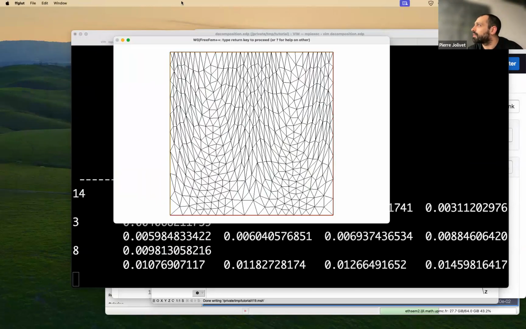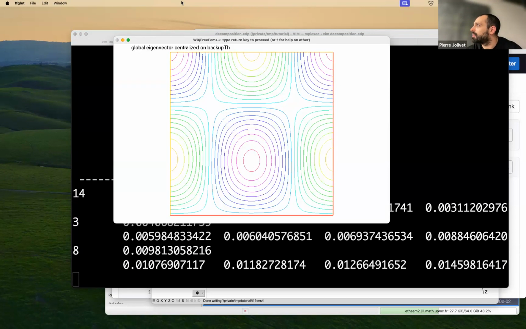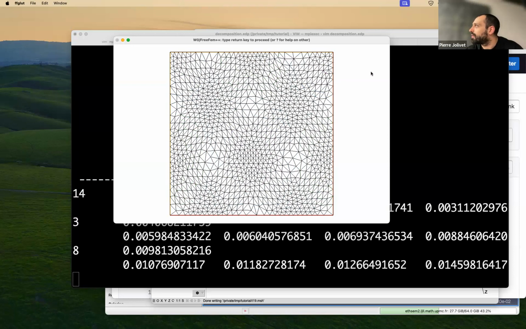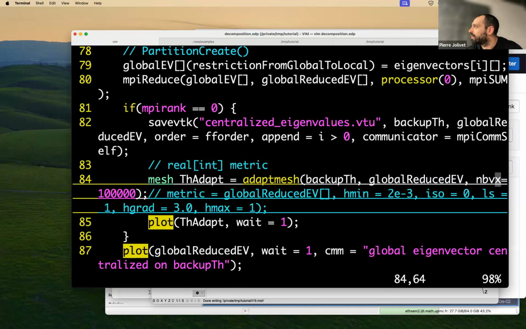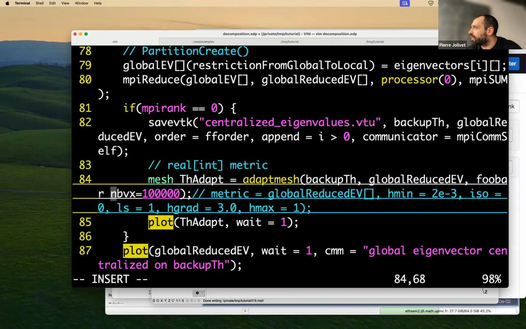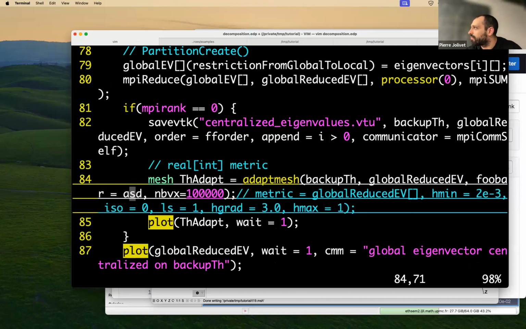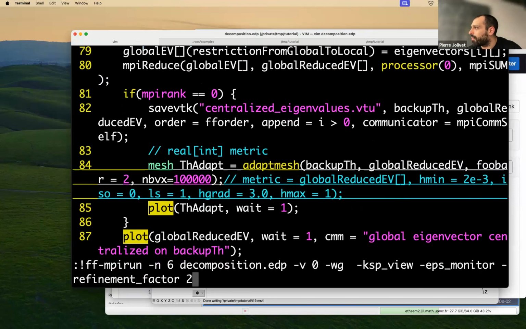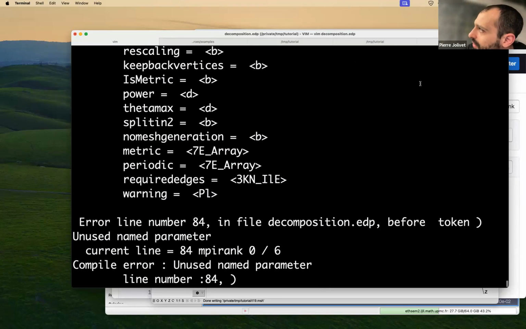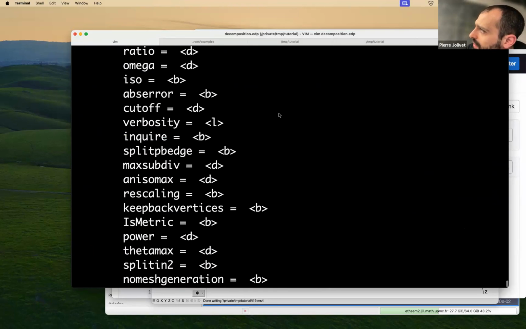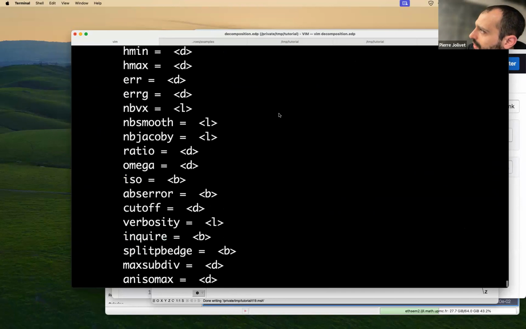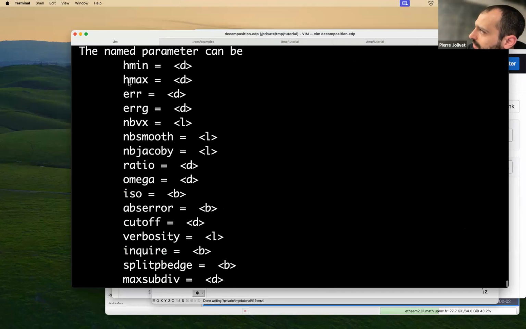Not really. Oh, a little bit. But again, it's a matter of finding the proper parameters to get things running, hmin or hmax.